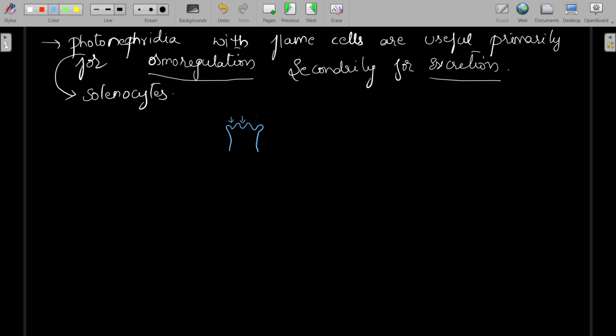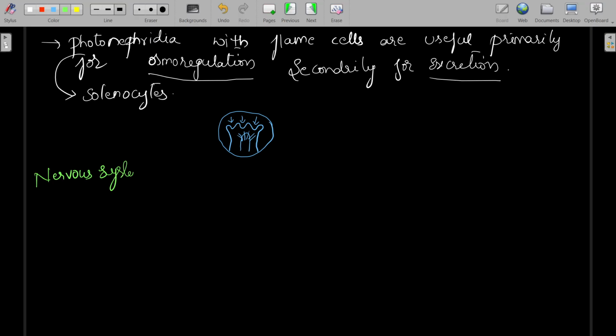You can see protonephridia with flame cells and cilia. Next, coming to the nervous system.